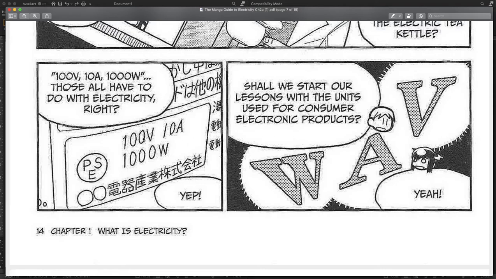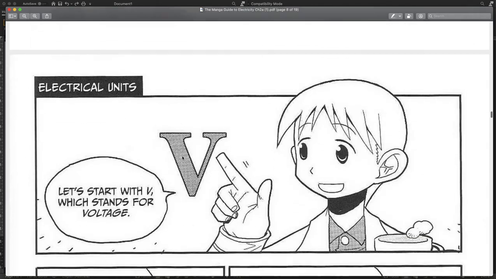And what we can see here is that 100 times 10 happens to be 1,000 watts. Which, if we use our PIE formula, P equals I times E: P, power, measured in watts, equals I, current, measured in amps, times E, measured in volts. And let's have a look.